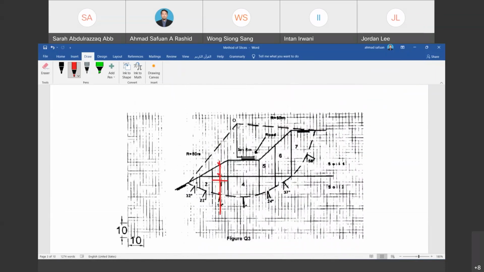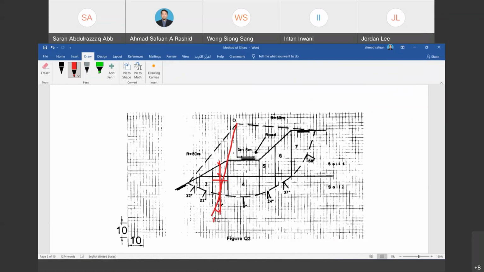Based on the center, we use a long ruler, and it should intersect the center at the base in order to obtain the alpha value. Use the protractor and then determine the alpha value.